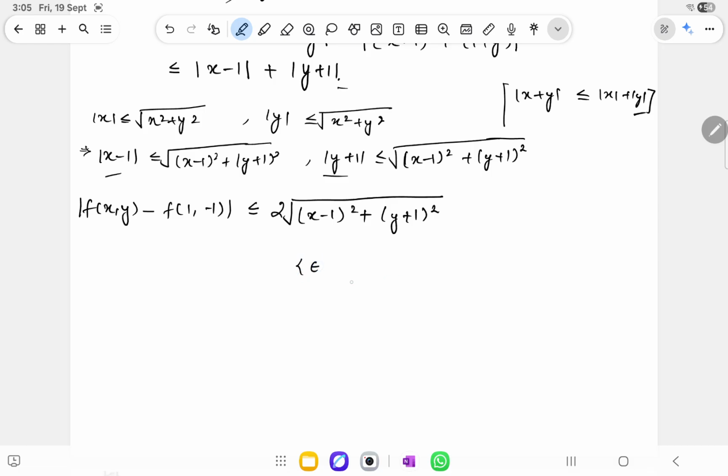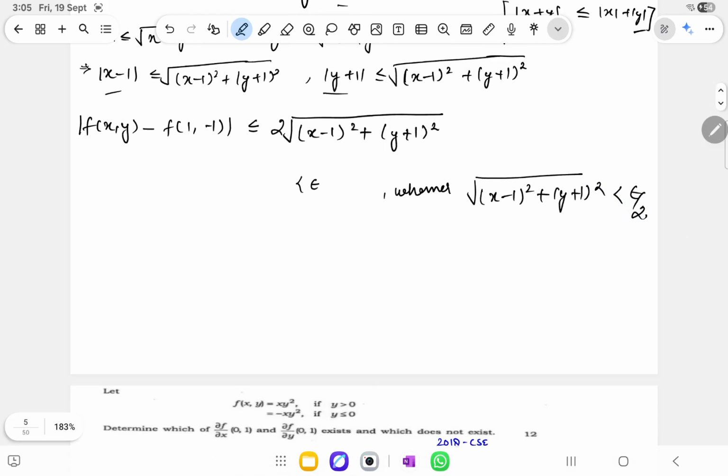This holds whenever under root (x minus 1) square plus (y plus 1) square is less than epsilon by 2. So we can choose our delta as epsilon by 2. For delta equals epsilon by 2, this holds, and for this delta, modulus of f(x, y) minus f(1, -1) is less than epsilon.